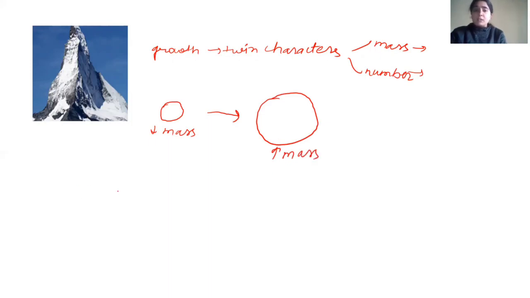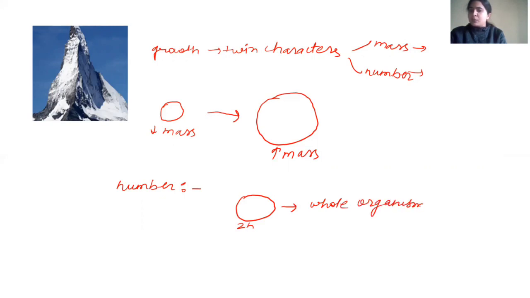And how can we define number? If we take the example of a zygote, 2n, from the single-celled zygote we get the whole organism. And we know very well that an organism has many cells, uncountable.